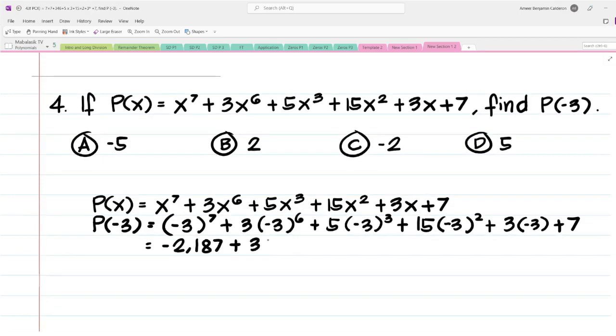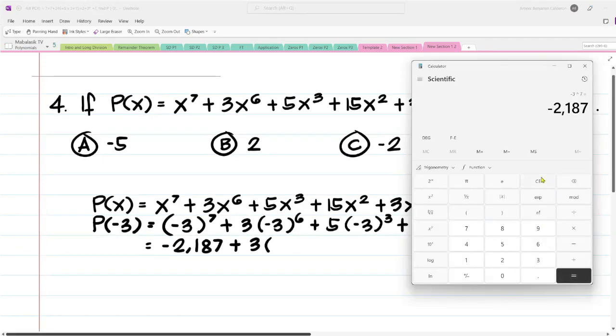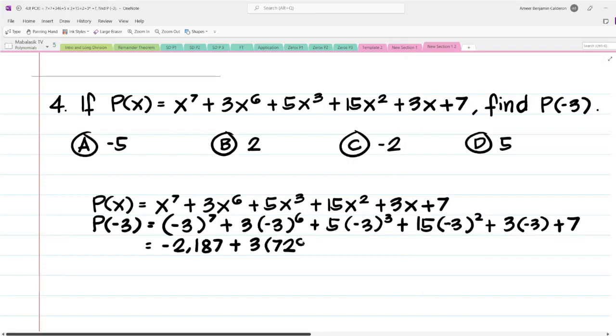Plus 3 times negative 3 raised to 6. So negative 3 raised to 6 is 729. Plus 5 times negative 3 cubed, so that is negative 27. Plus 15 times 9, negative 3 squared is 9, minus 9 plus 7. Mahaba pa din. Let us simplify further.